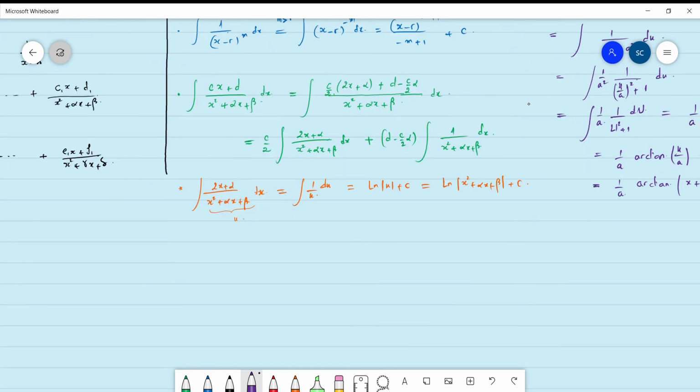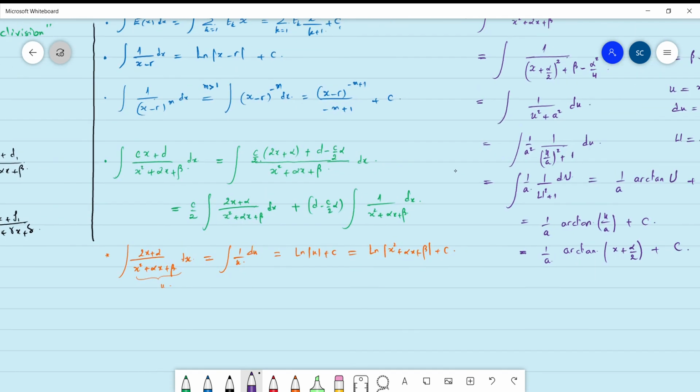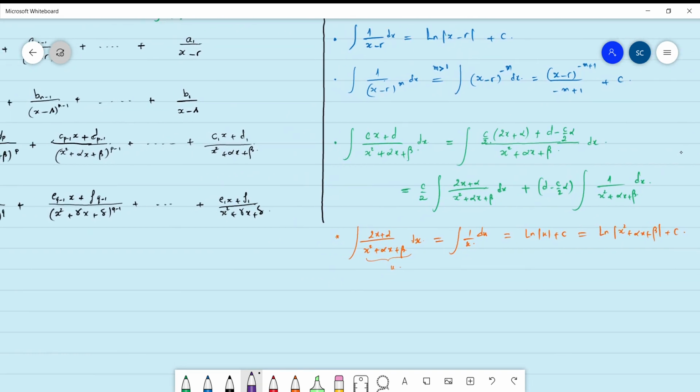Now the last one that we need to find is when we have a higher degree here. When you have a higher power in the denominator, how will you do it? We do the following transformation.